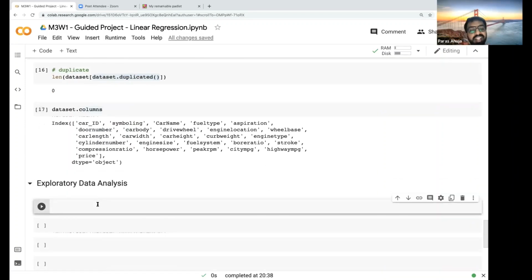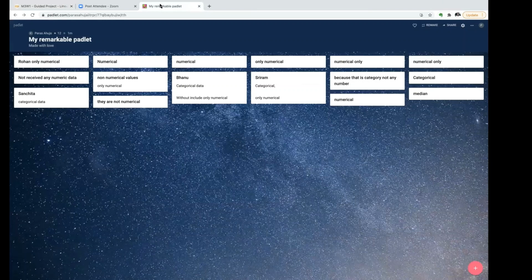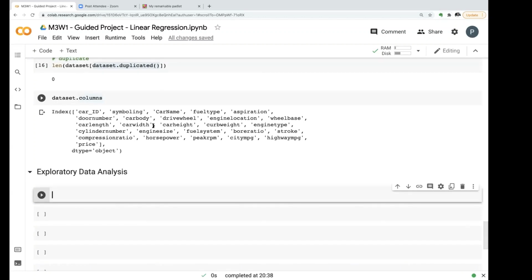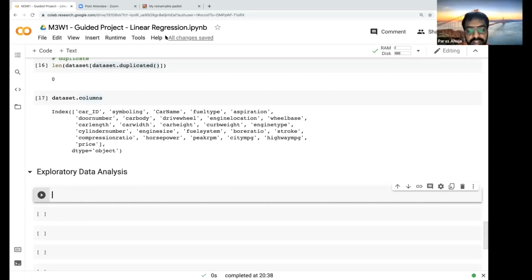Now you tell me, what should I be doing now? We should plot the distributions of the variables. We need to check the distribution of different variables, univariate and bivariate analysis. What else?